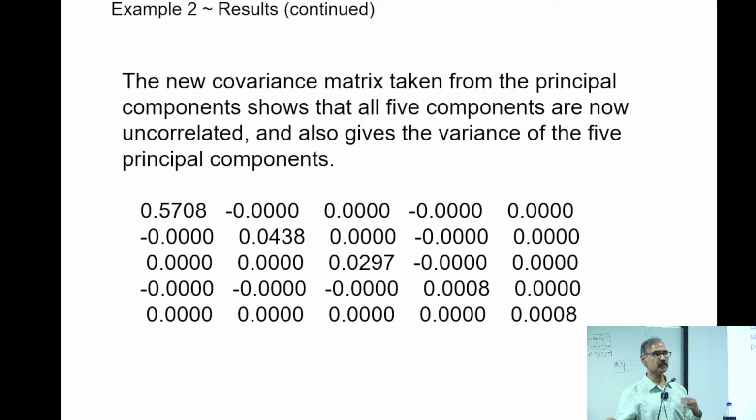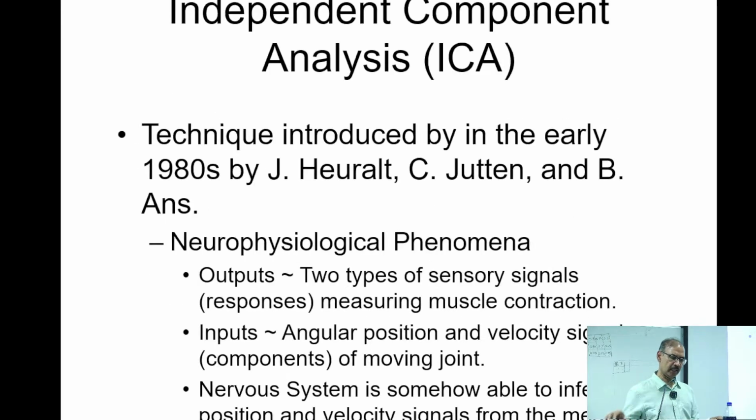They could still be dependent. So ICA is a new method of analyzing data. In this, the idea is that orthogonality is not enough. We want to make sure that the different components are independent of each other.